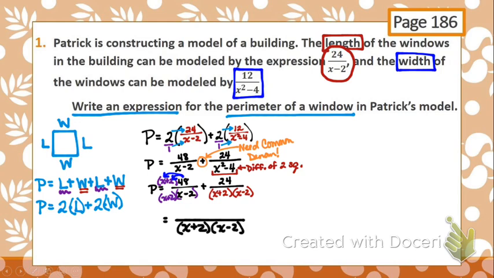What do I get once I distribute the 48 to the x plus 2? 48x plus 96, and I'm adding that to what? 24. Do I have any like terms to combine? 96 and 24. What do you get when you add those two together?